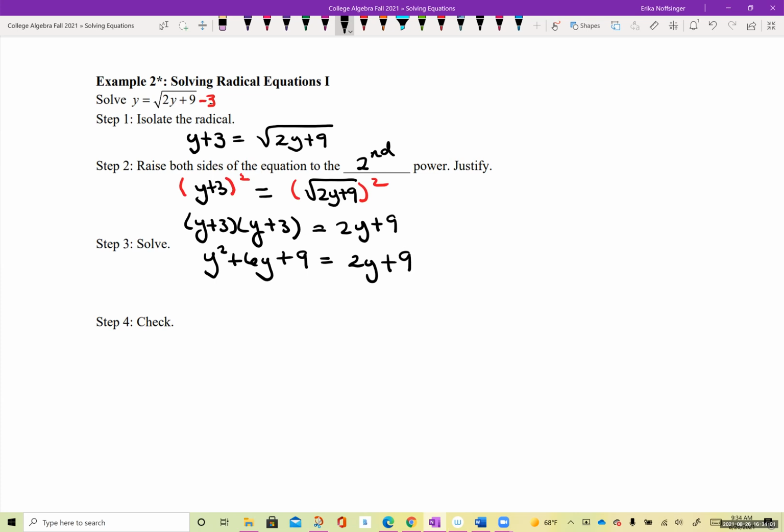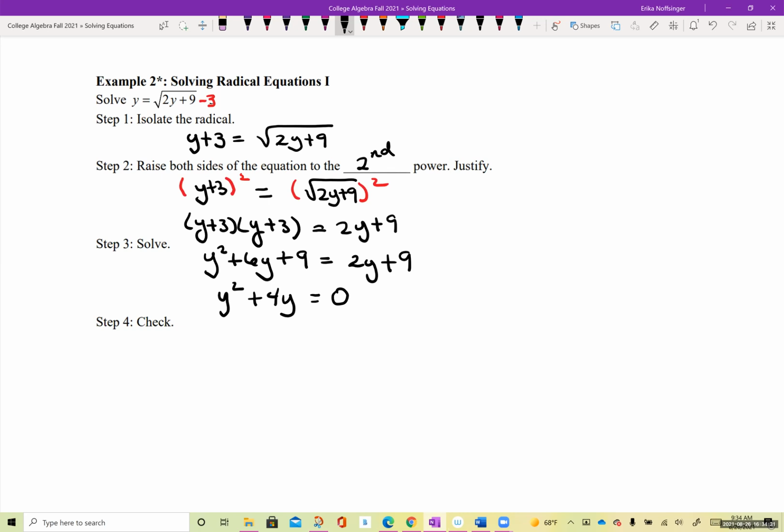So now I look at this, I don't have any more radicals. So I look at what type of equation it is. It's quadratic. That means I want to set it equal to 0. So I want to get everything to one side of the equal sign. So let's subtract 2y and subtract 9 on both sides. So doing that, we get y squared, well, 6y minus 2y, so we're going to get a plus 4y. And 9 minus 9, those cancel, equals 0.